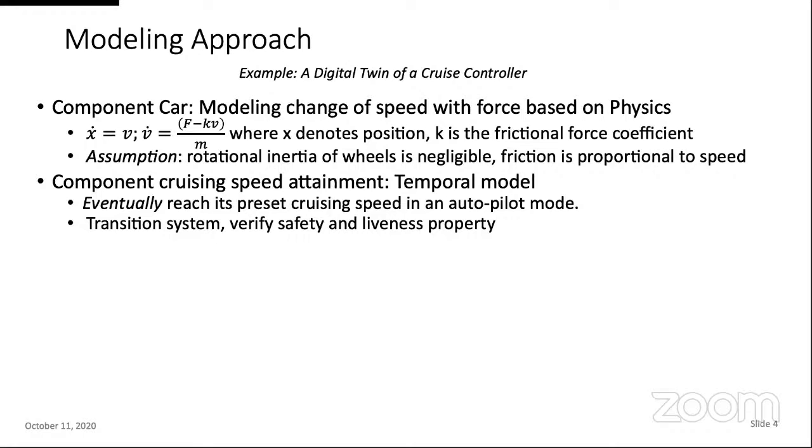And the moment you have a formula of eventually reaching a certain state, you can build it using a transition system, and there you can verify various safety and liveness properties.